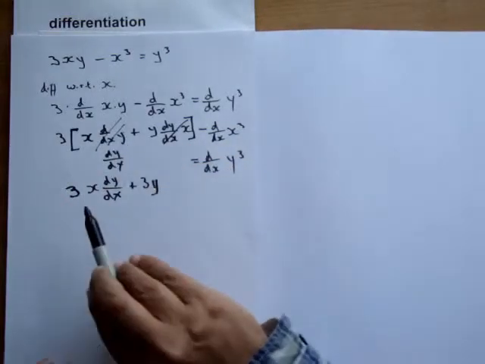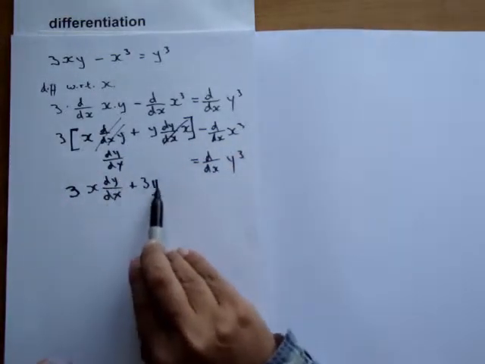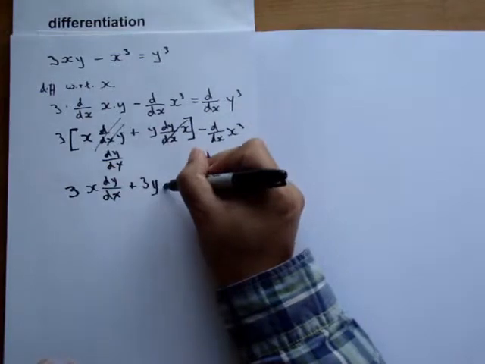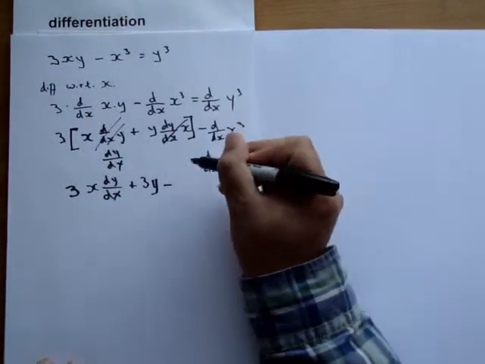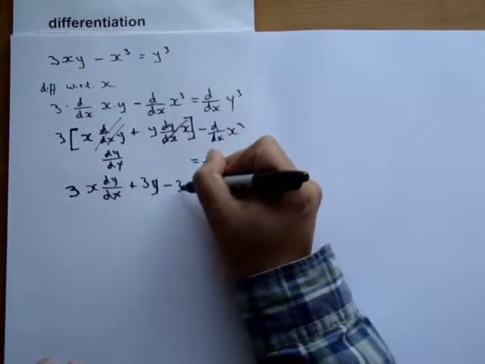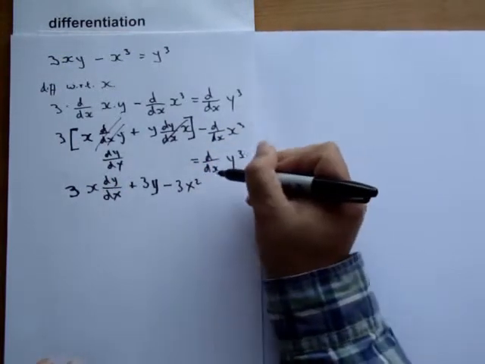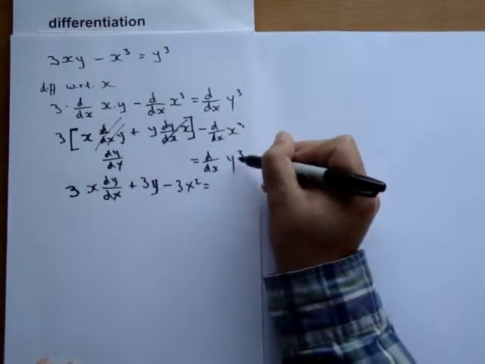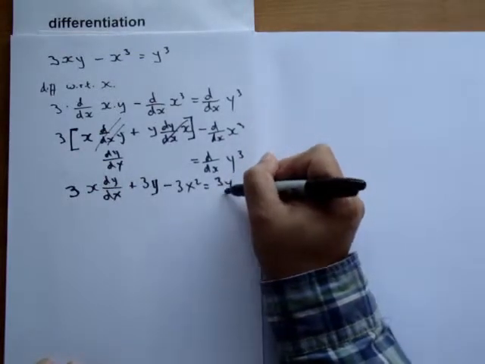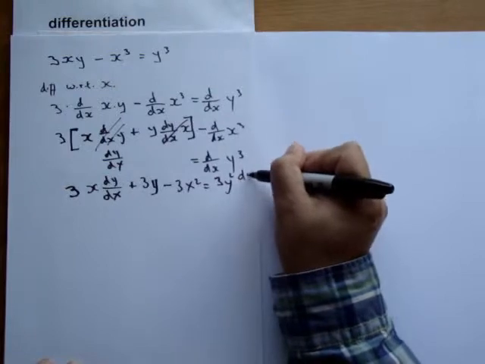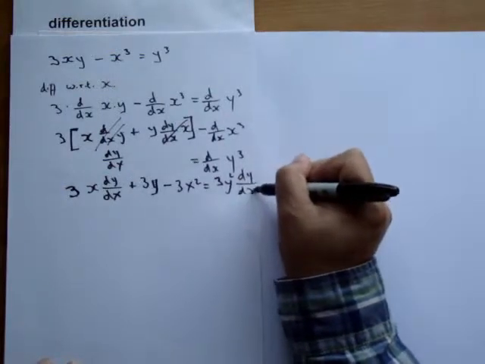So that's 3x dy by dx plus 3y minus, bring the 3 down, and x squared, so that's minus 3x squared. Then differentiate this y cubed, we get 3y squared dy by dx.